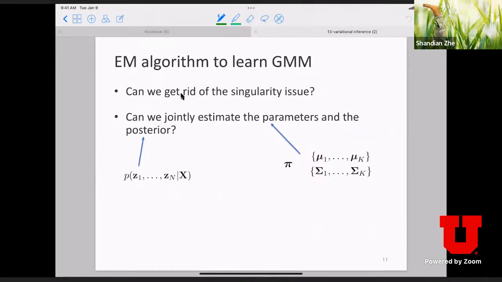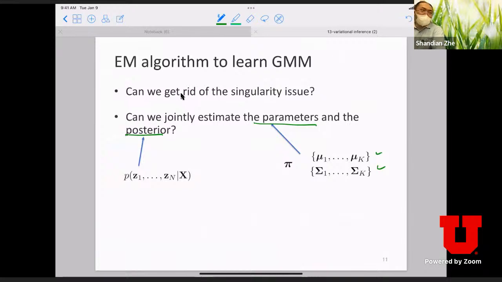Now, let us jointly consider the cluster membership variables for each data point, and also those parameters, like the probability vectors, the cluster means and cluster covariances. Right? So now our goal to sidestep the singularity issue is to jointly estimate the model parameters and the posterior distribution of the cluster membership of each data point.